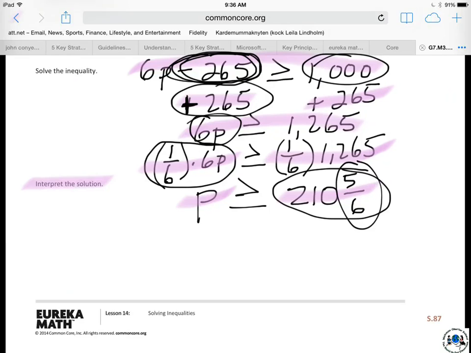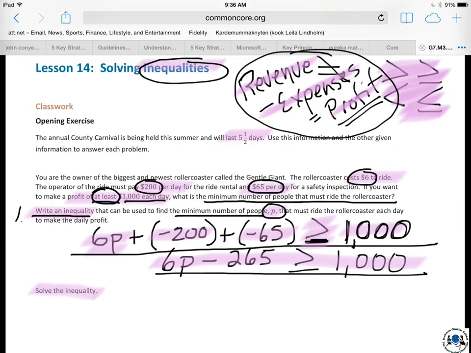Okay, $1,000 profit. So if we could think about that, we could actually plug it in if we wanted to. If we did it, go ahead and plug in 210 and 5/6 into our formula, our original equation, which would be either this one or this one, and we would do the math.